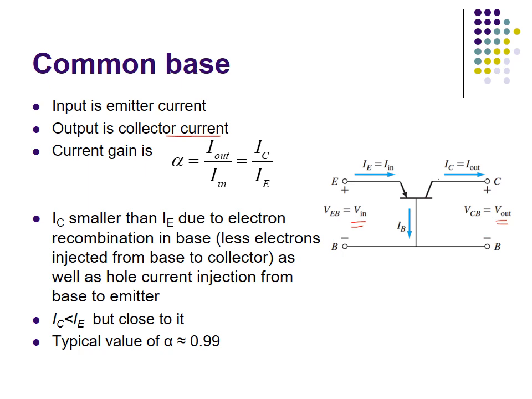Thus, in this case, the current gain for common base, alpha, is given by IC over IE. IC is usually smaller than IE because some of the injected carriers from the emitter recombine in the base. But since the base is made very thin, the fraction of the recombined carriers is very small. Thus, IC over IE will result in a number that is almost equal to 1, usually in the order of 0.99.